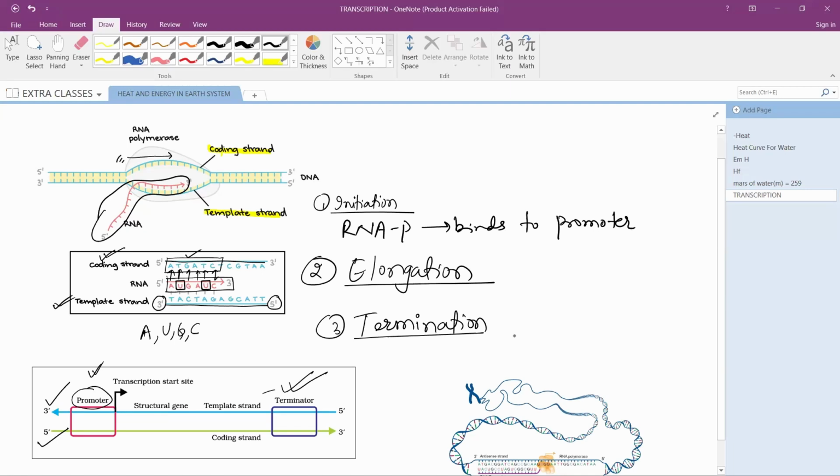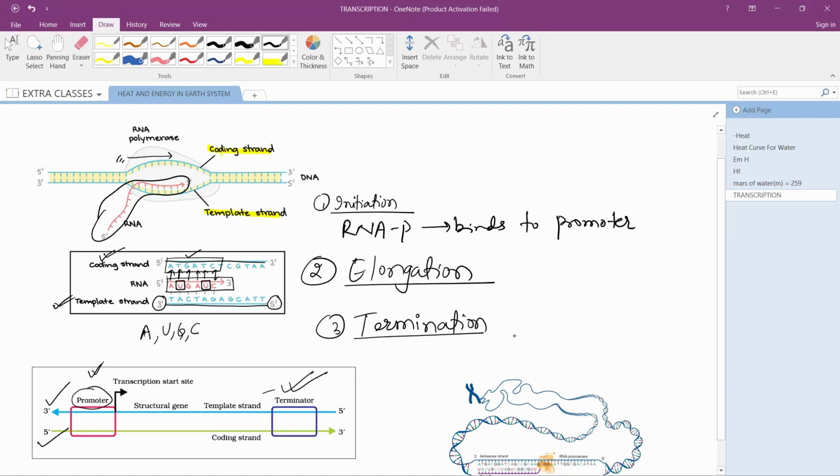In prokaryotes, transcription is very simple, but in eukaryotes, it is a very complex process. I have already told you that in prokaryotes, there is no post-transcriptional modification. Why? Because transcription and translation go on simultaneously in prokaryotes.